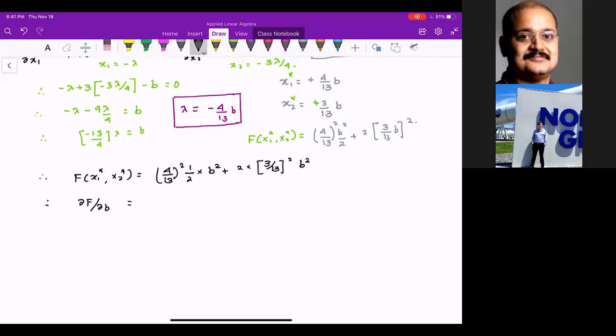Partial f by partial b is going to be 2 times 4 by 13 square, 1/2 b, so half goes, plus you have 2 times 3 by 13 square b, and as you can see, this is nothing but minus lambda.